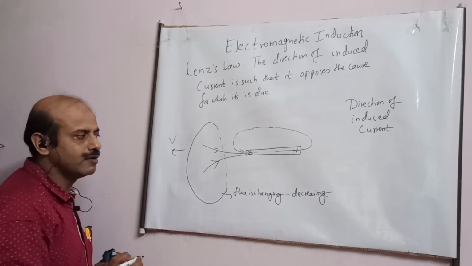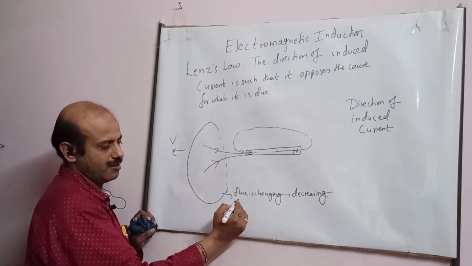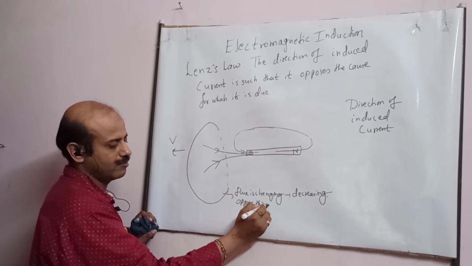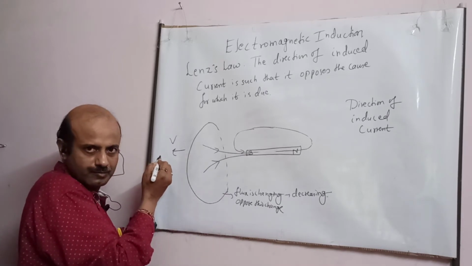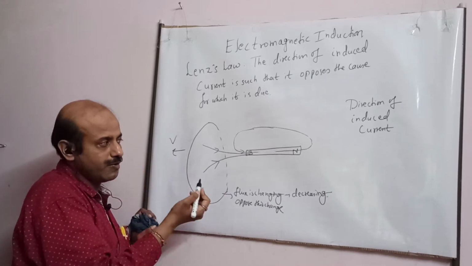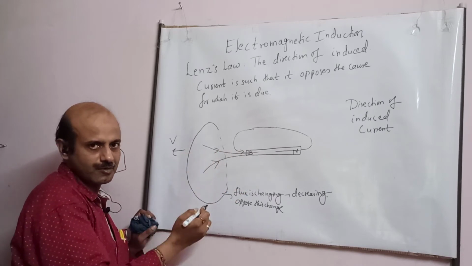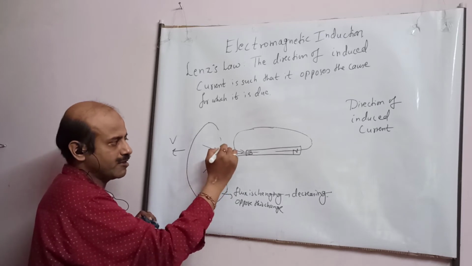Now student, how will it oppose this change? It is moving this side. So if you see in this way, there should be a force of attraction between these two. Then there is opposition. For a force of attraction, here is the south pole, here the north pole must be created.